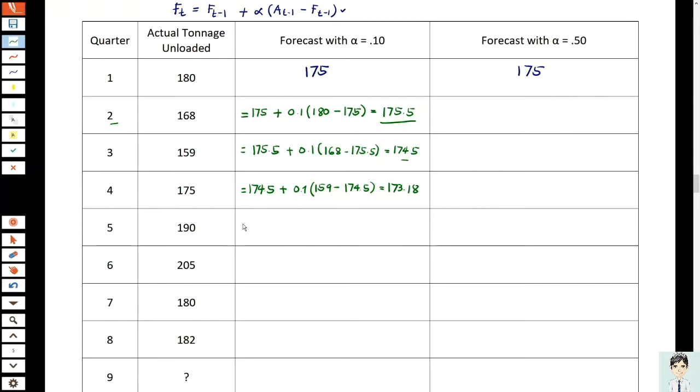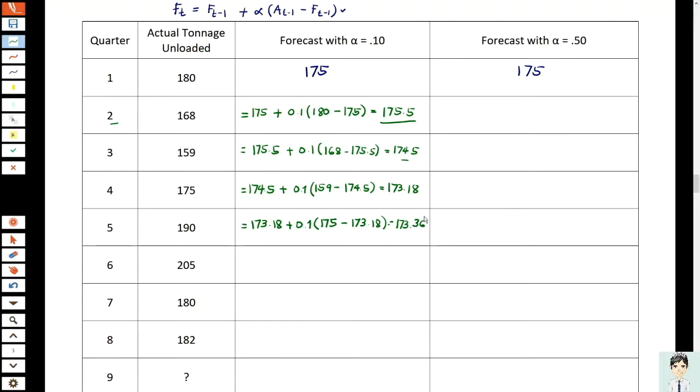Next, for the fifth quarter, our forecast is 173.18 plus 0.1, the smoothing constant, multiplied by the actual of the previous period minus the forecast of the previous period, which is equal to 173.36.